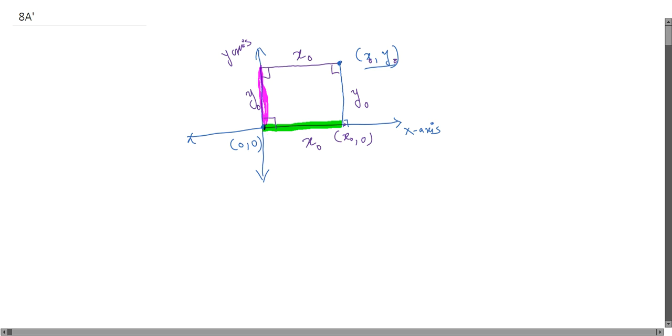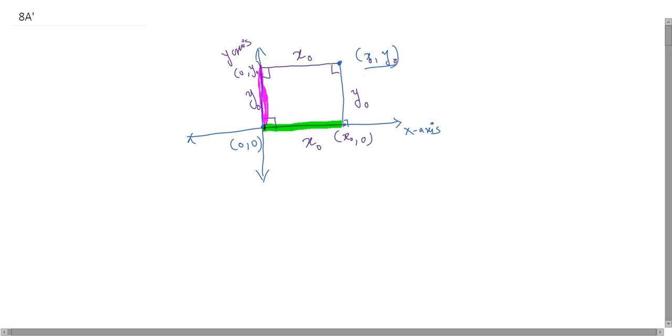Or you walk y0 units in the y-axis direction to reach the point 0, y0, and then walk x0 units in the x-axis direction and reach x0, y0. Actually, there are two ways to reach this point x0, y0.